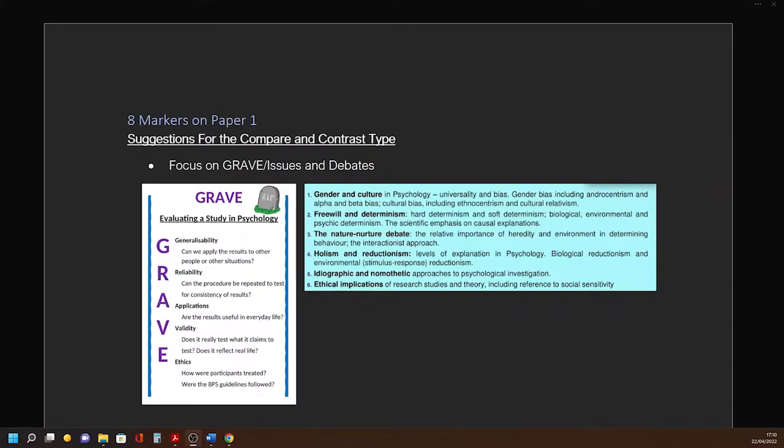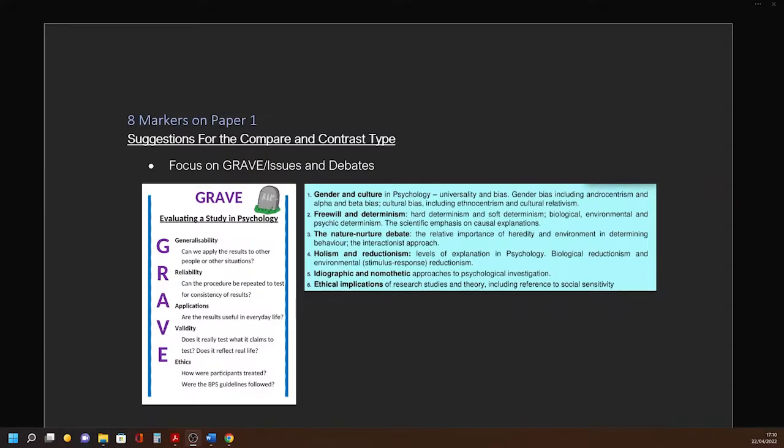For example, I'm sure you've come across the GRAVE mnemonic, which helps you remember all the evaluation points you could use in psychology: generalizability, reliability, applications, usefulness, validity, and ethics.